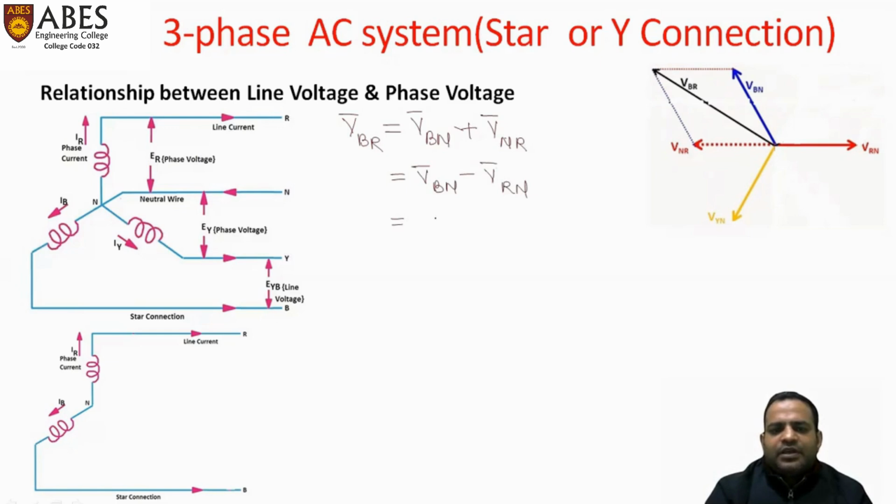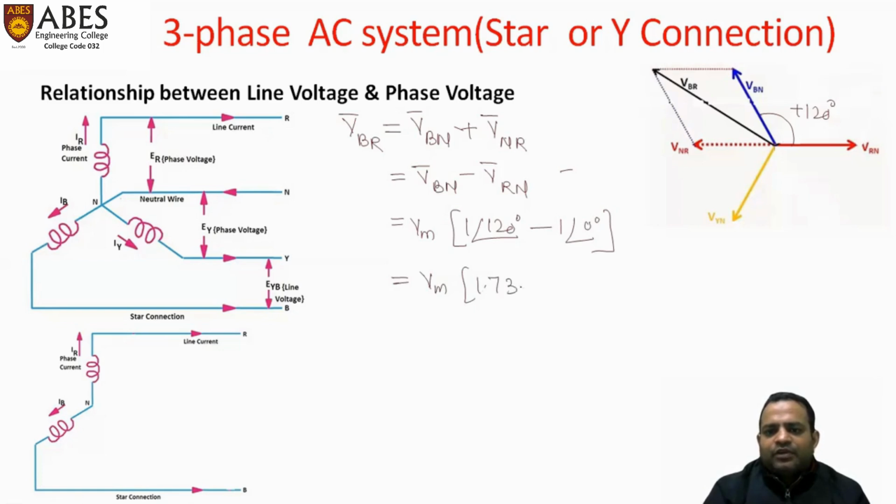What is the value of VBN? This is plus 120 degree. Taking Vm common, 1 angle 120 degree minus VRN, Vm angle 0 degree. After calculating this term using the calculator, we find in polar form Vm 1.732 with an angle of 150 degree.